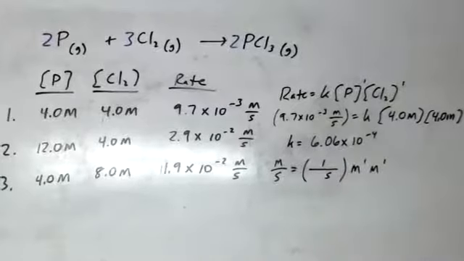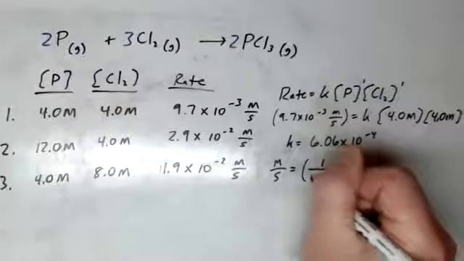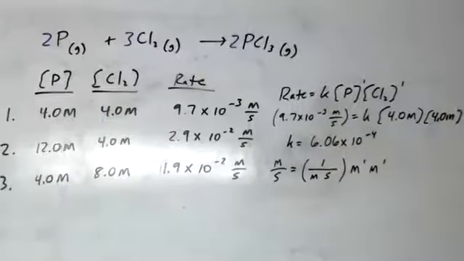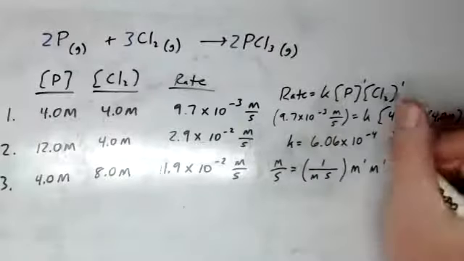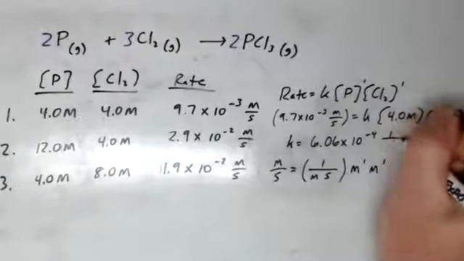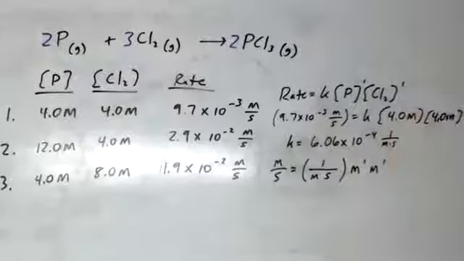In this case, how many molarities do we need in the denominator of K to make sure the equation is equal on both sides? Just one? Yep, just 1 molarity this time. There it is. And that way on both sides of this equation, we have molarity per second. So that tells us our units for K here are going to be 1 over molarity seconds.